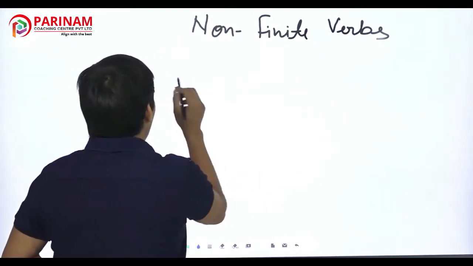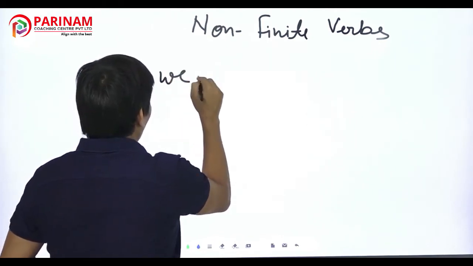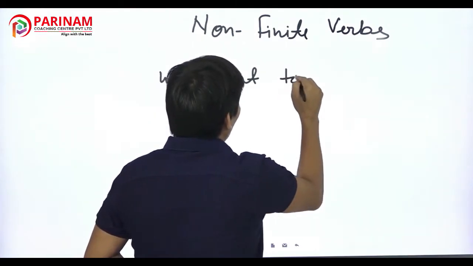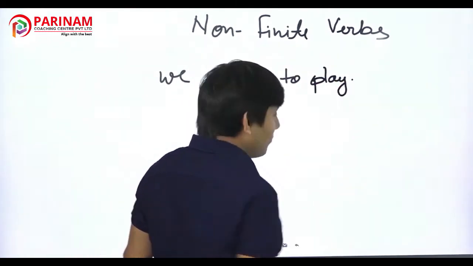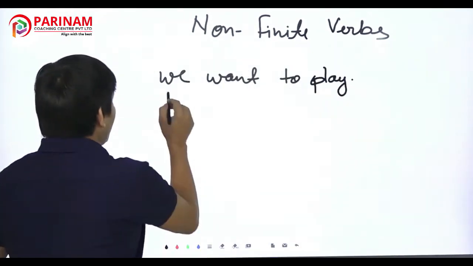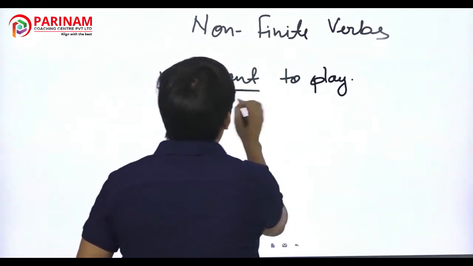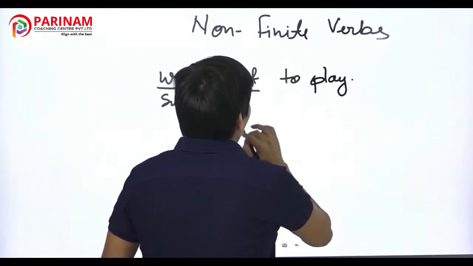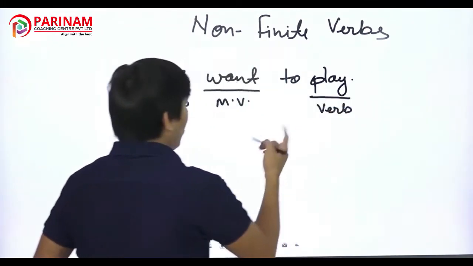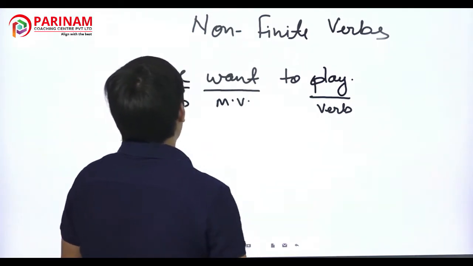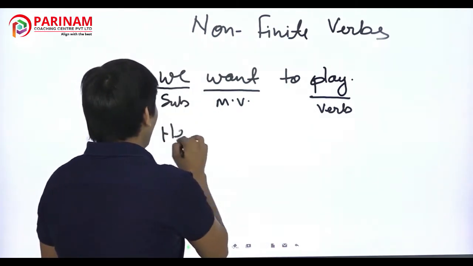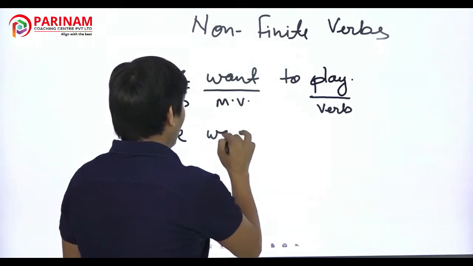Suppose I say, we want to play. Here I have written an example, we want to play. Here you can see this is your subject, this is the main verb. This is also a verb, but this is not the main verb, as you know. If I change the subject, say instead of we, I write he, it becomes wants.